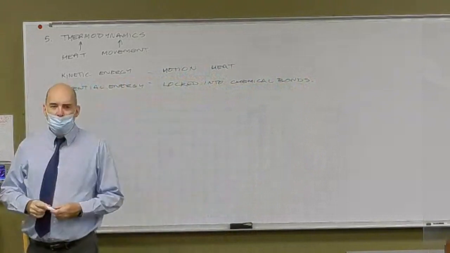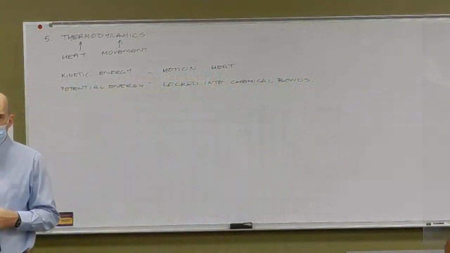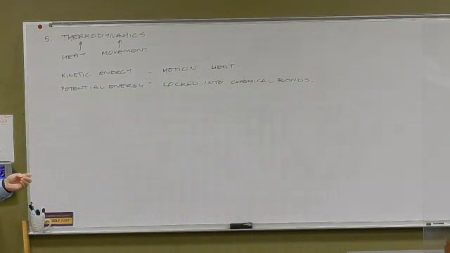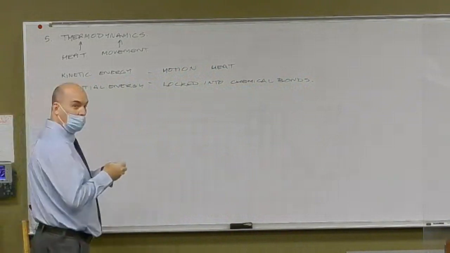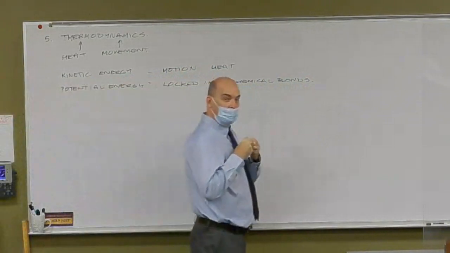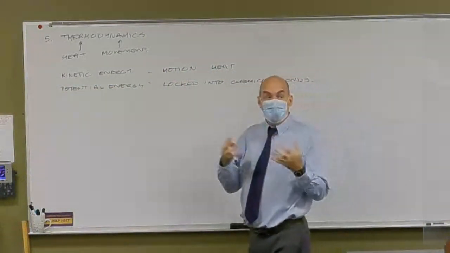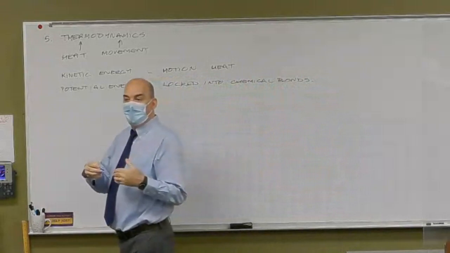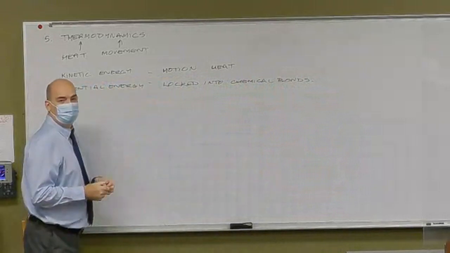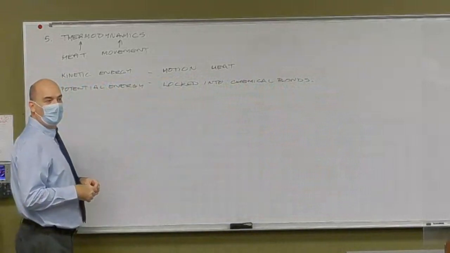And if we do reactions that make new chemical bonds, then we kind of trap potential energy into those bonds. If we do reactions that break chemical bonds, then we release the energy that is in those bonds.